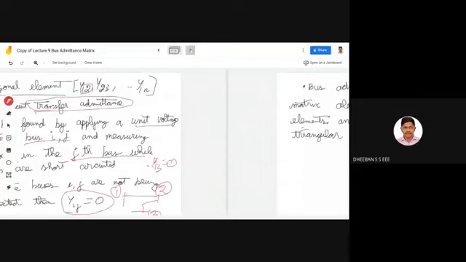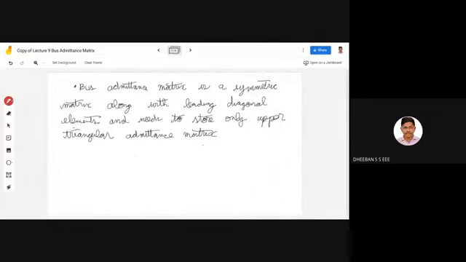Moving on, basically the bus admittance matrix, the Y bus matrix, is a symmetrical matrix. Symmetrical matrix means you have an upper triangular matrix and a lower triangular matrix, right? We'll be dealing with matrices in this unit, so just keep in mind that generally the Y bus matrix is a symmetrical matrix.